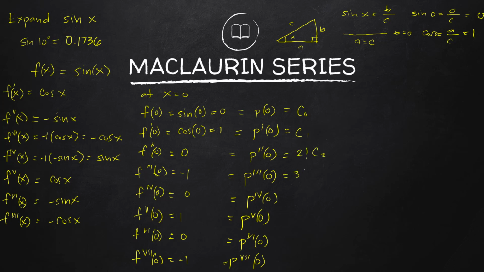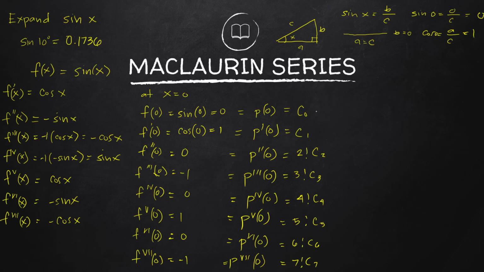This one is 3 factorial c sub 3, 4 factorial c sub 4, 5 factorial c sub 5, 6 factorial c sub 6, and so on and so forth.